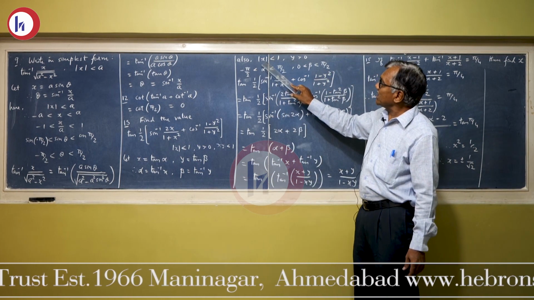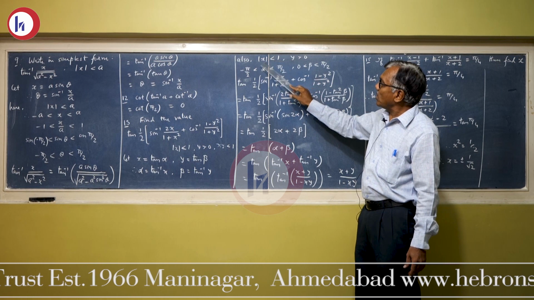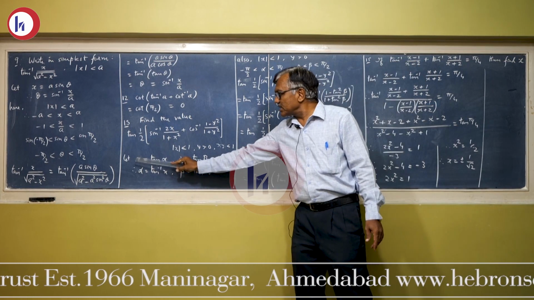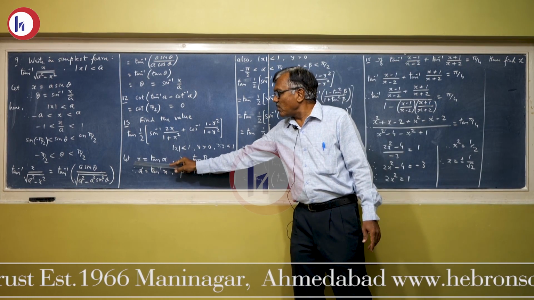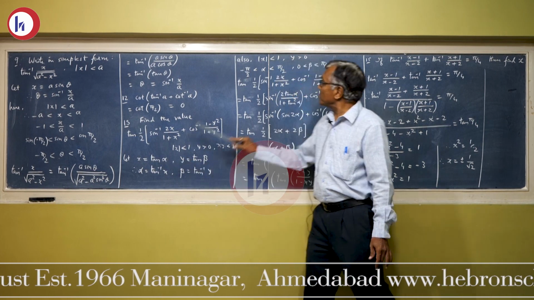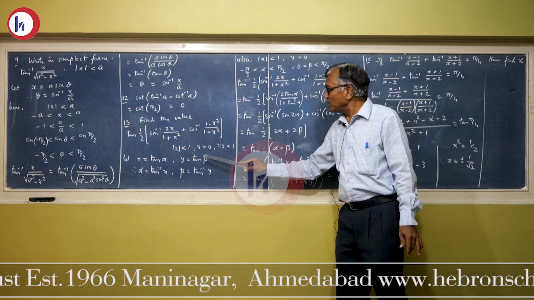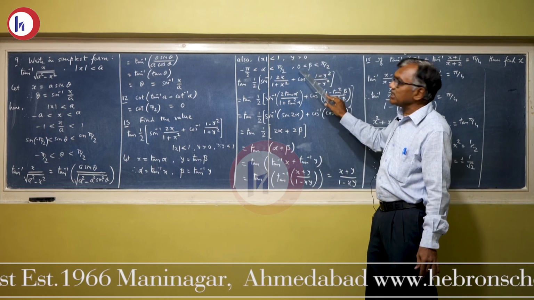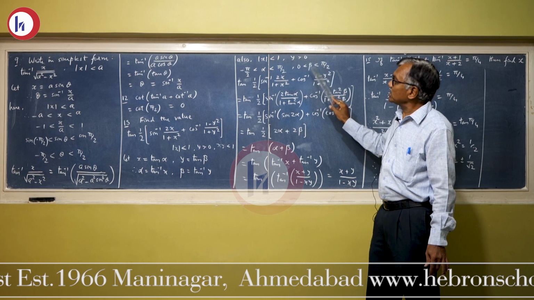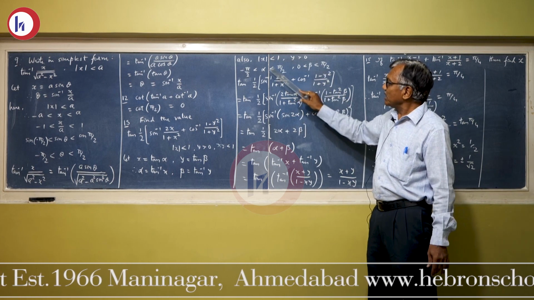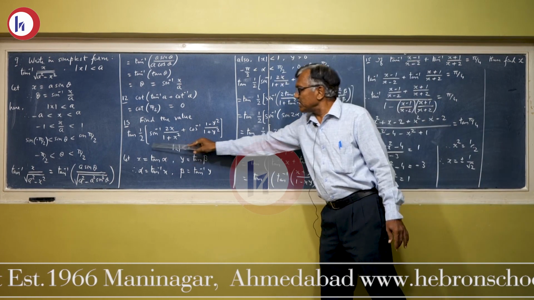Also condition is given that mod x is less than 1, that means alpha is between minus pi by 2 to pi by 2. Similarly y is positive, therefore beta is in the first quadrant, so 0 to pi by 2.